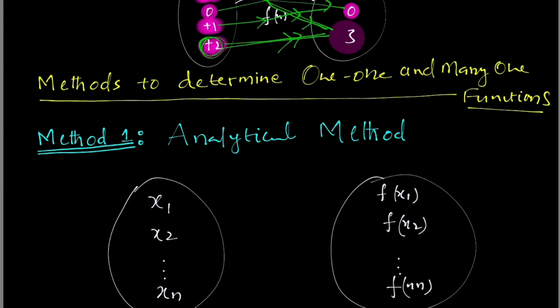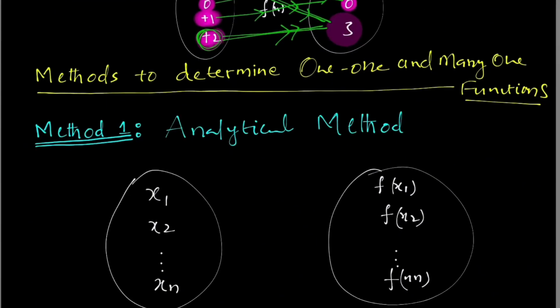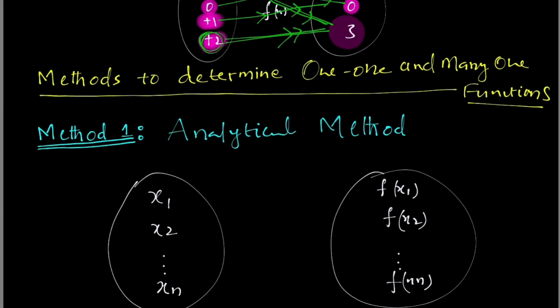So if I'm writing a statement, f of x1 is equal to f of x2, it means when f of x1 and f of x2 both of them are equal, let me mention it is lambda, and I don't repeat the values in a set. So together I am writing both f of x1 and f of x2 as lambda.